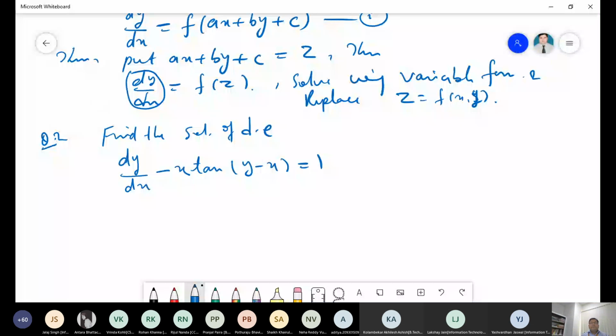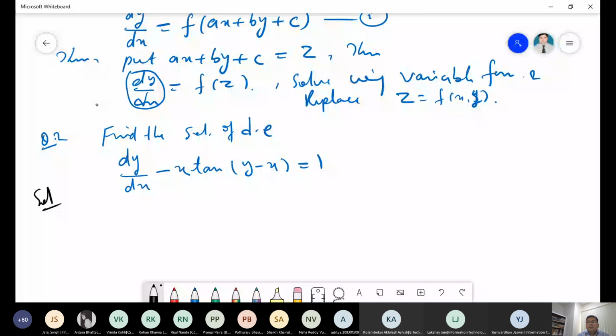Now see, can we use the remarks here? Yes, so we apply the remarks here, because we cannot solve it directly by separating variables. Can we apply the variable separable method here?